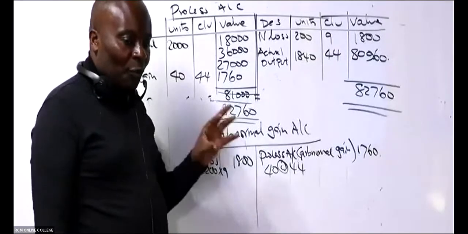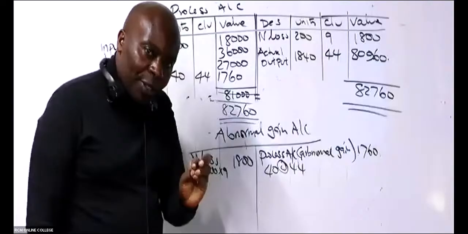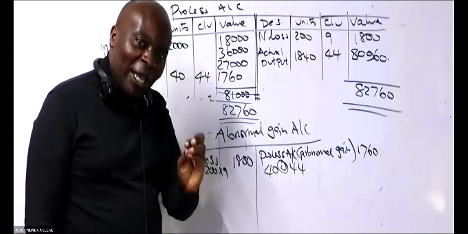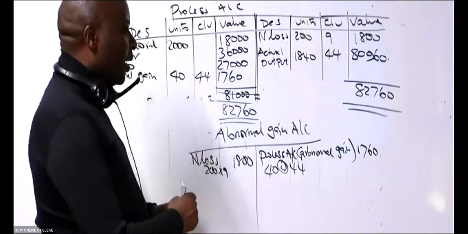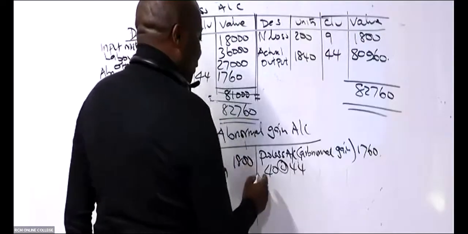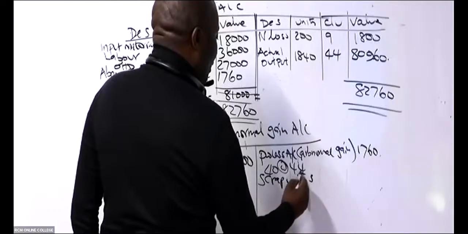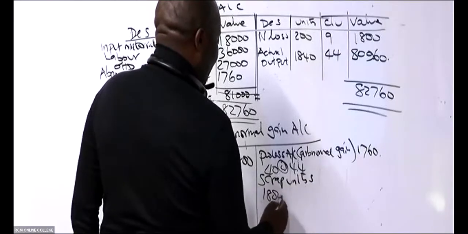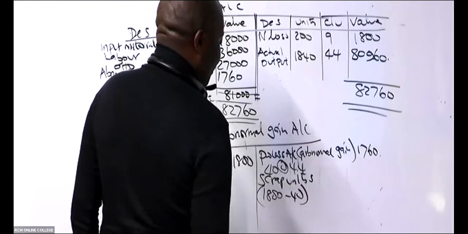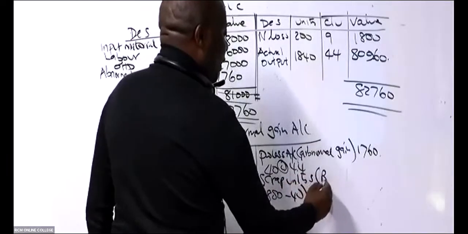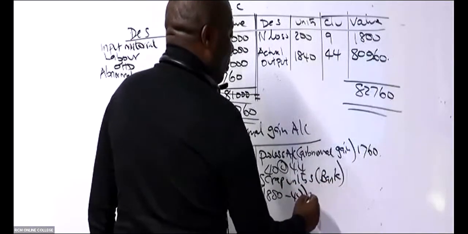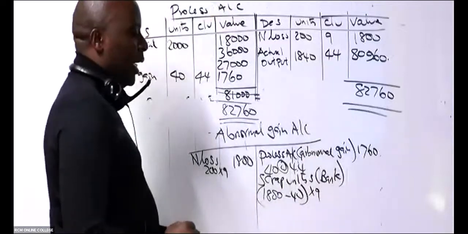So out of the expected loss, there is an abnormal gain of 40. So basically, in this case here, the scrap units will be 200 minus that 40. We shall sell them at 9 bob and receive the money in our bank account.